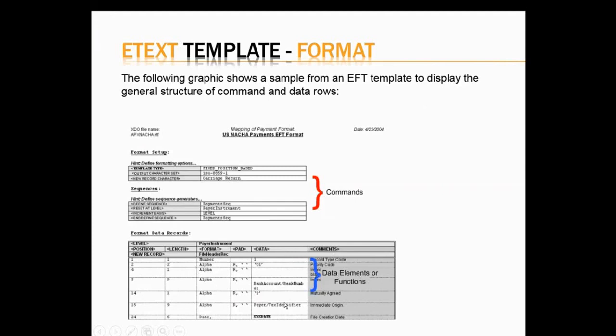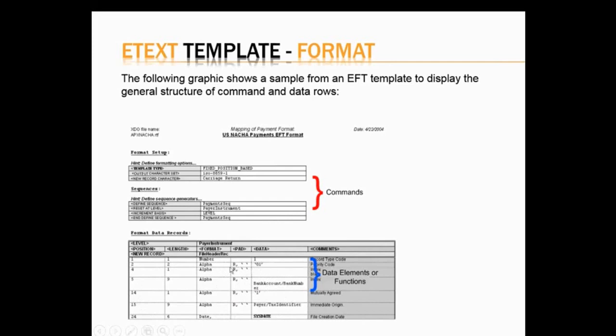This table has, say, a bank account number, payer, tax identifier. Everything is one field. These sets of fields are called a record. So each record will be created in this table.